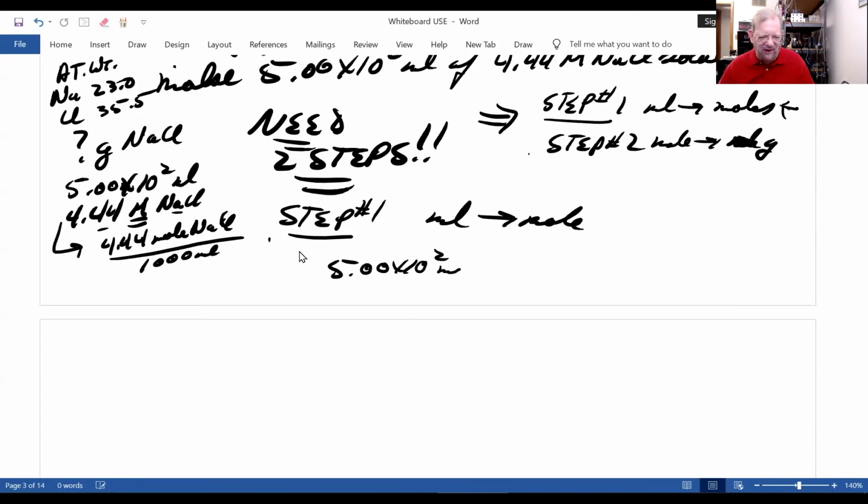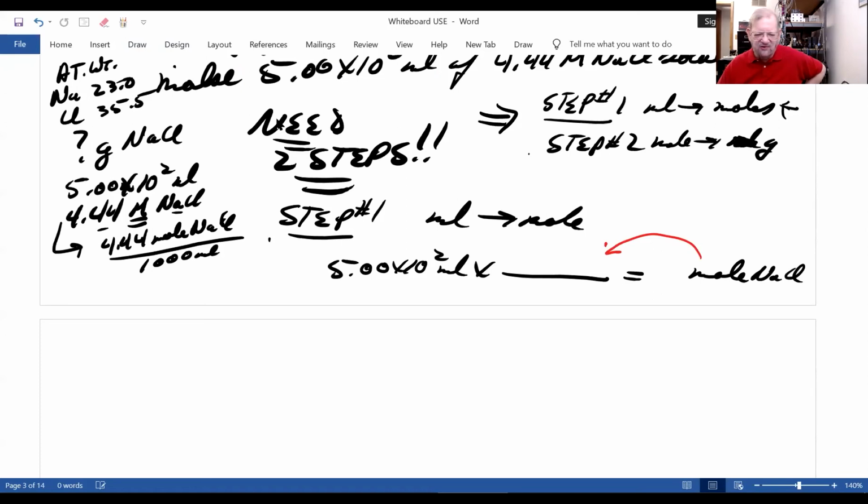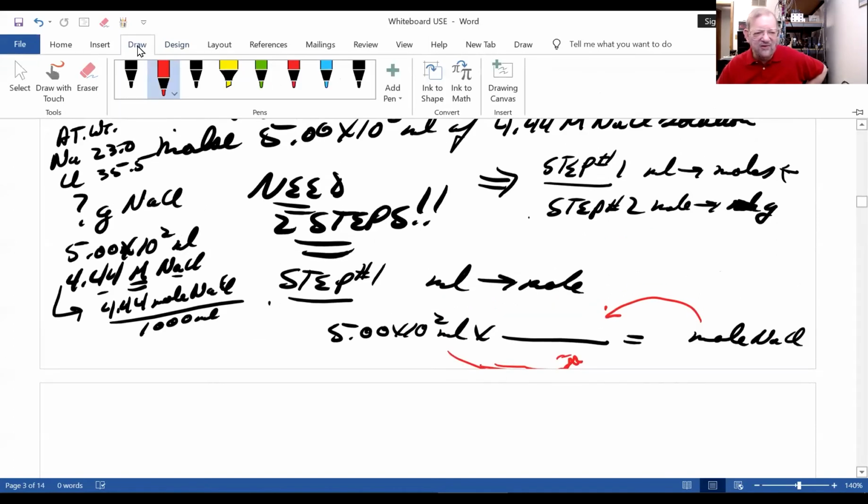Why I wrote it that way, as opposed to 500, which is 1 significant figure. We're trying to get moles, and this is sodium chloride. And we'll use our good friend, unit analysis. Whatever we're trying to get to goes on top of the ratio. Whatever we're trying to get rid of goes underneath. I'll write those in.